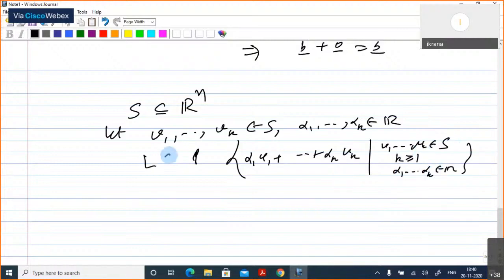So this is what is the linear span. We are not restricting S to be only a given finite set. S could be any set. But pick up any finite subset of it and take a linear combination.